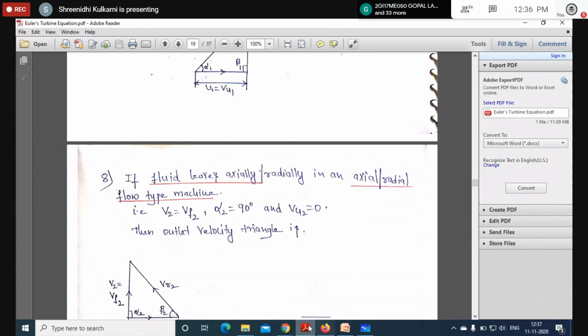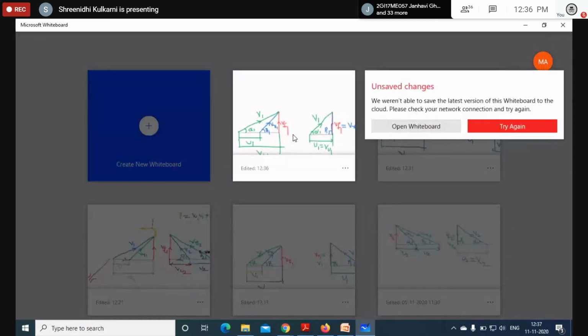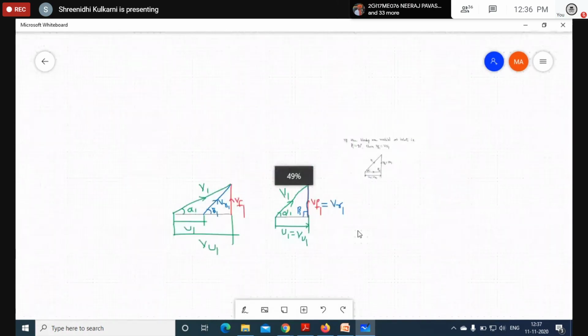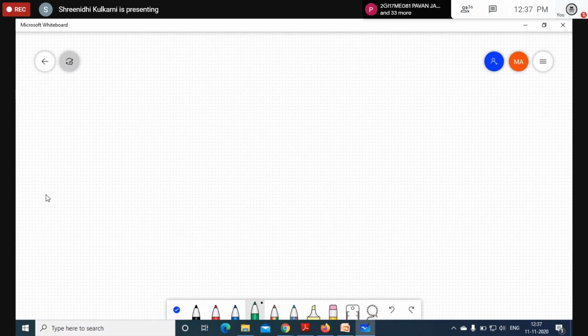So for this, I'm going to discuss here only. If it is an outlet, once again you're going to draw the outlet velocity triangle here.